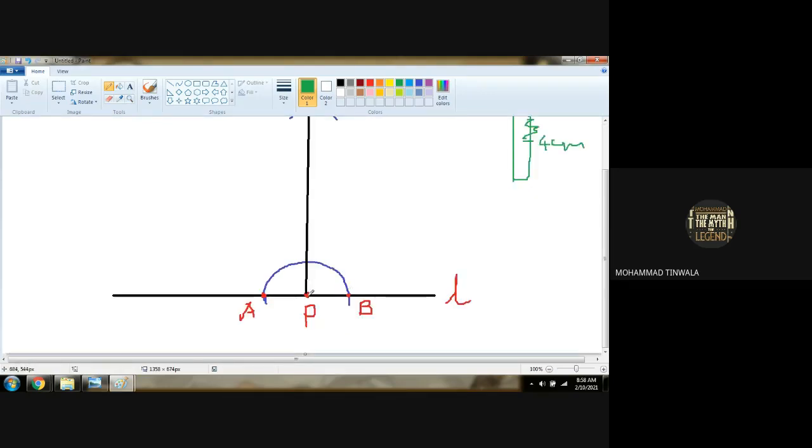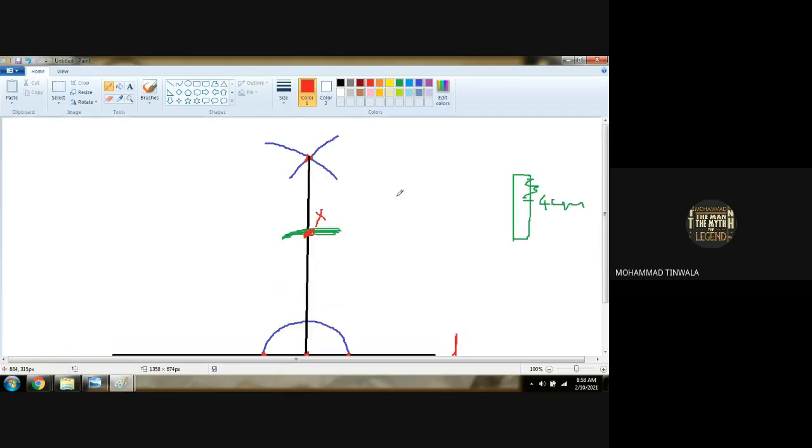So taking point P, draw an arc over here like this. સમજાણું કે નહીં? This intersecting point is our point. કયો point આવ્યો આ? Which point we got here? X. Point X. Understood? And this distance is covering your 4 centimeter.